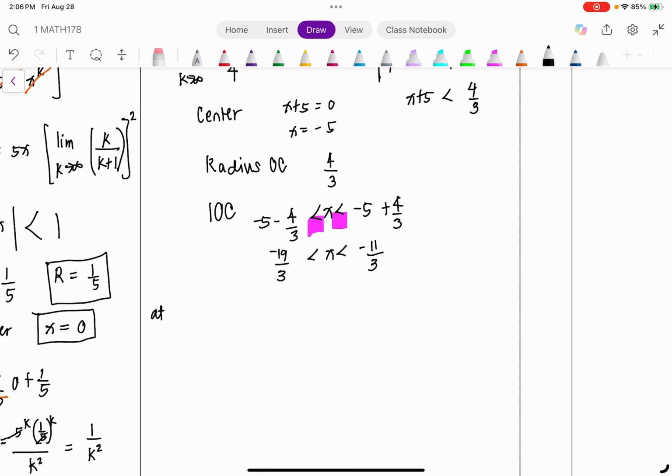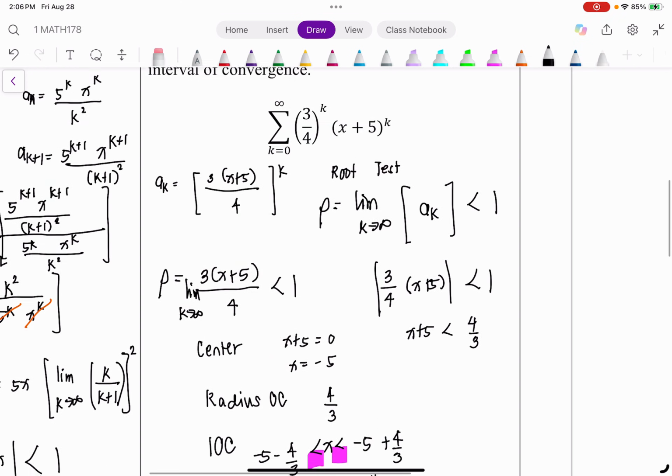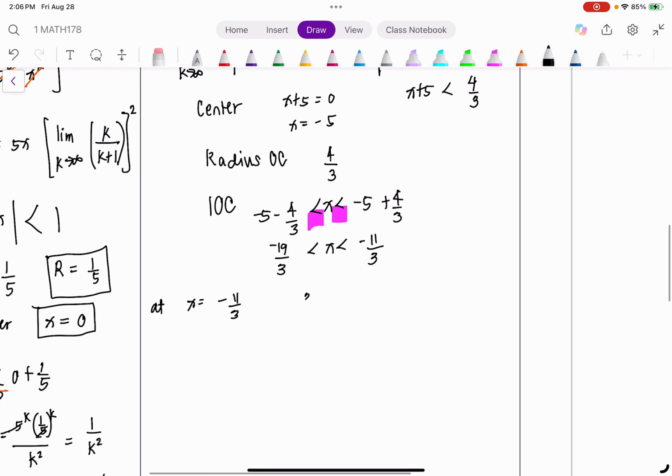So at x equal to negative 11 over 3, our series is 3 over 4 raised to k times negative 11 over 3 plus 5 raised to k. So this would be 3 over 4 raised to k times 4 over 3 raised to k.